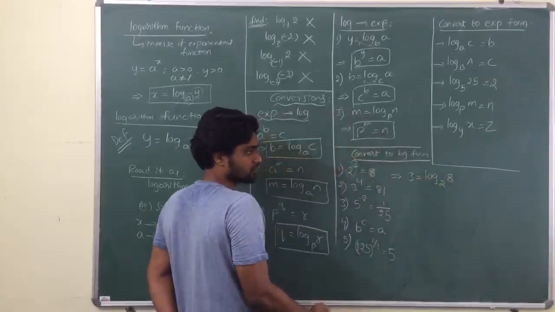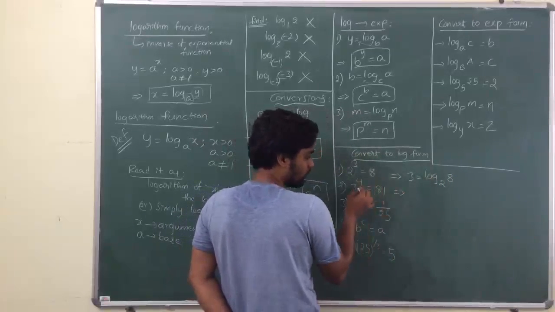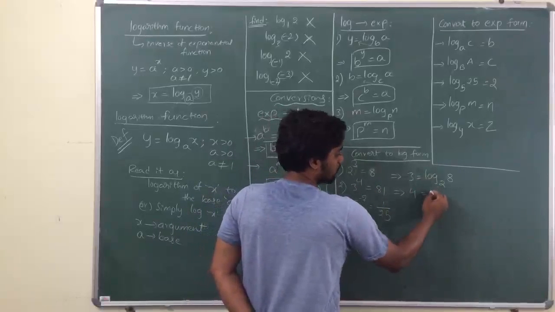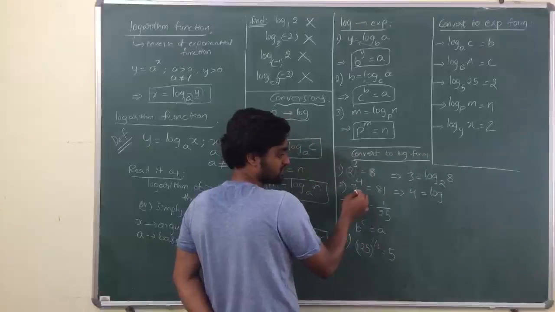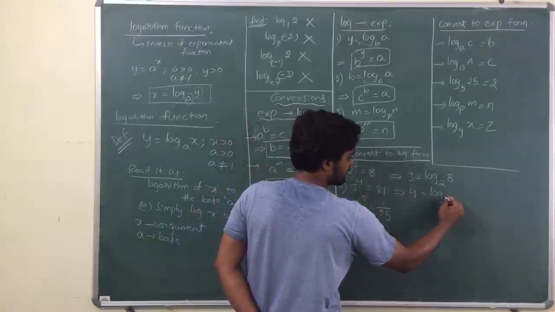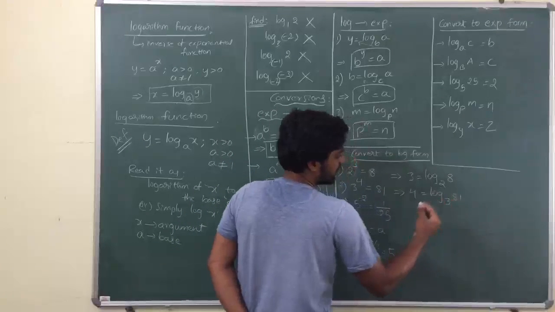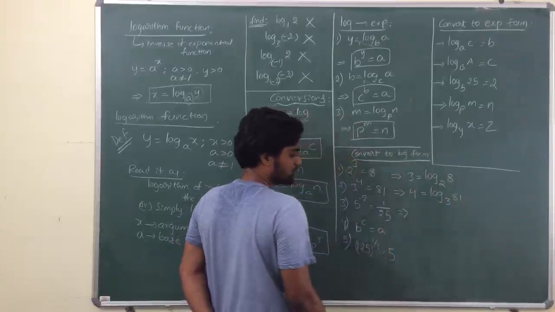Next, what is the exponent? 4 is equal to logarithm of, what is the base? 3. The base remains the same. What is the number left? 81. Now this one.